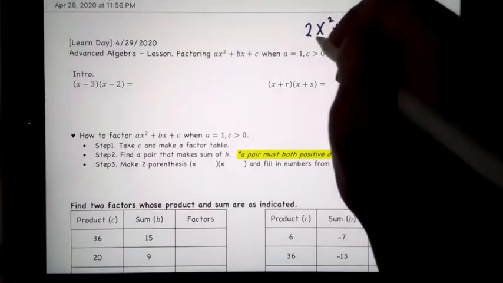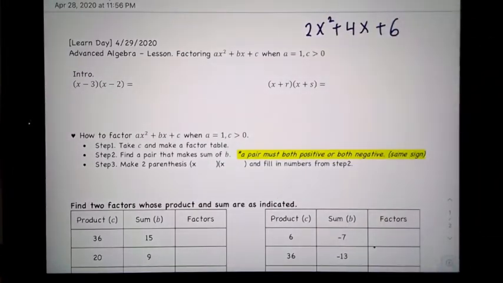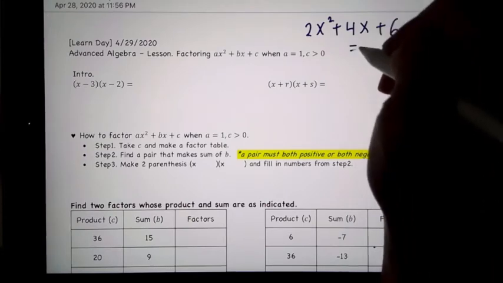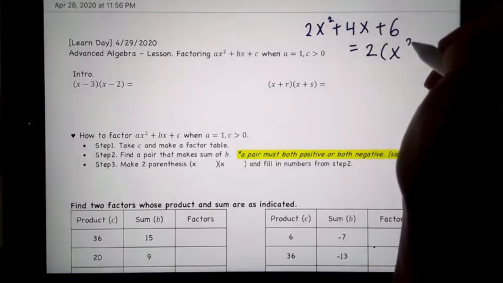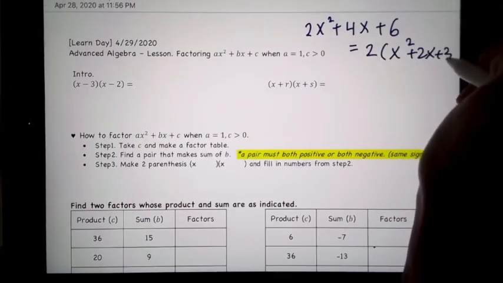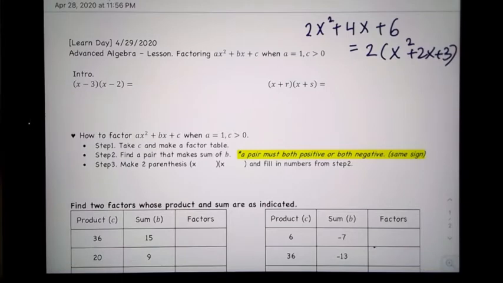When you look at these numbers, you will see 2 is your common factor, or with 2 you can divide every single term. So you can factor that: 2(x squared plus 2x plus 3). If you can do this, you're going to be okay. When we have more time, I'm going to go over the GCF factoring.